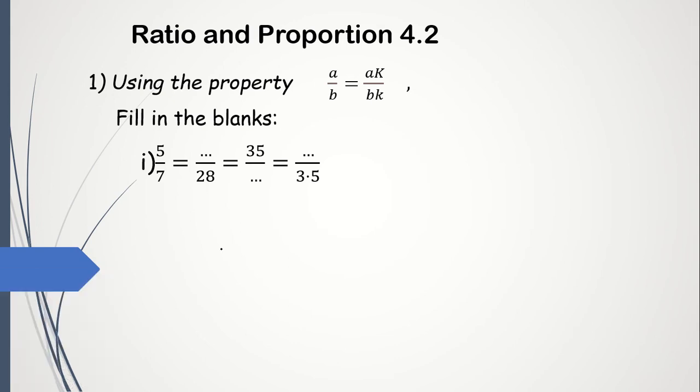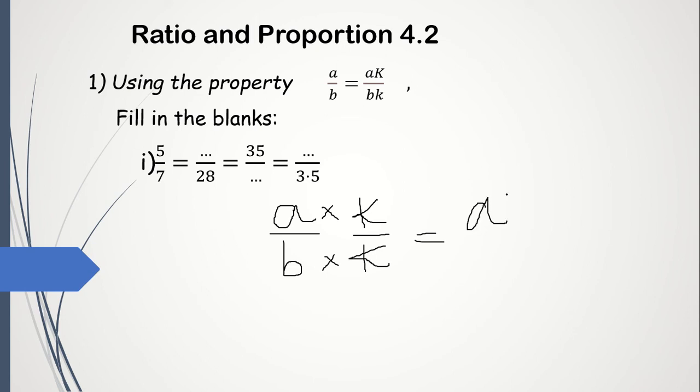Students, in the practice set 4.1, before we could start with 4.1, we have learned some properties of ratio. In that, we have learned one property: if you multiply the numerator and denominator of a ratio by the same number k, then the ratio remains unchanged.